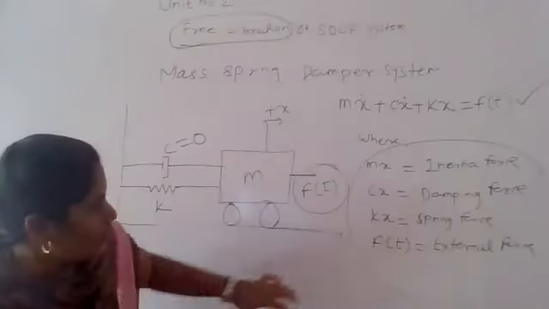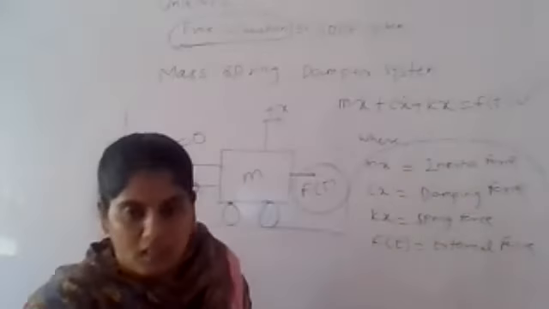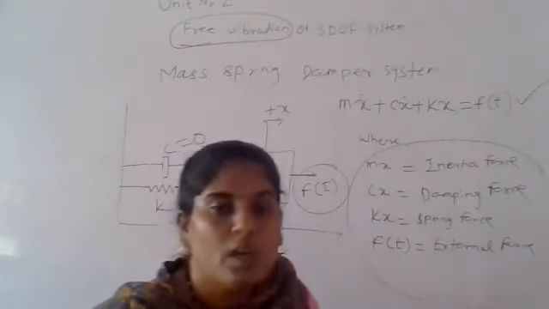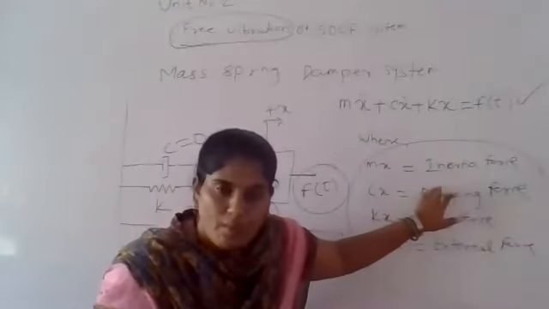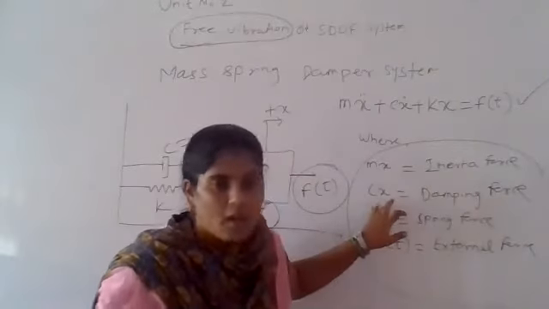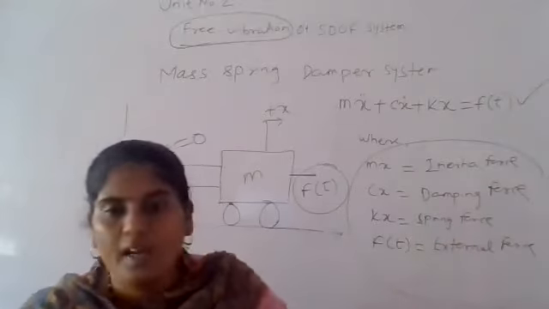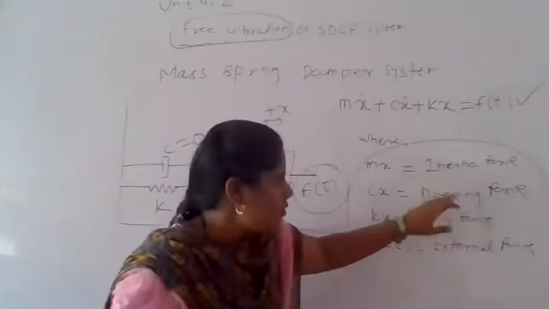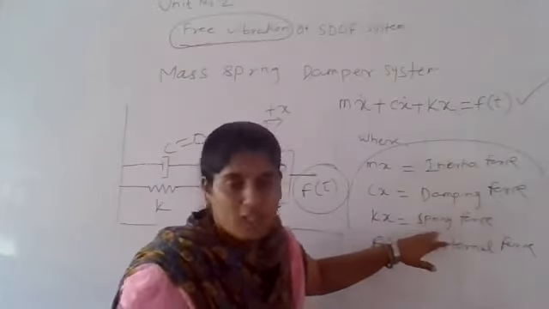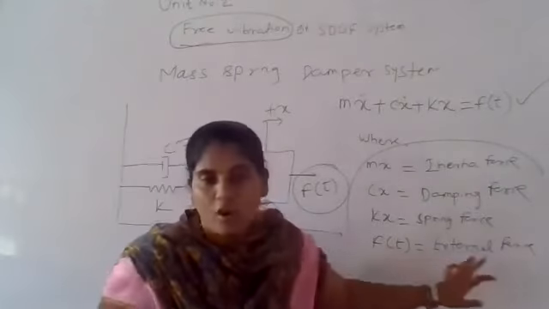So the equation of motion is: whatever the internal forces are, they are equal to the external forces. And what are the internal forces? With respect to the mass, the damper, and the stiffness k. The sum of these internal forces, the inertia force, damping force, and spring force, is equal to the external force, that is f of t.